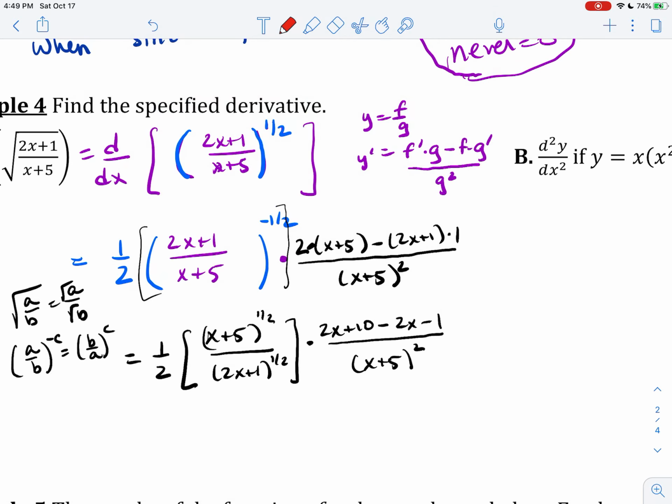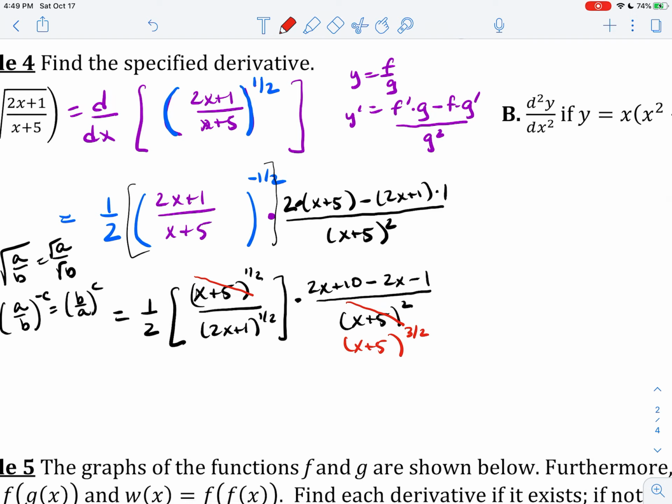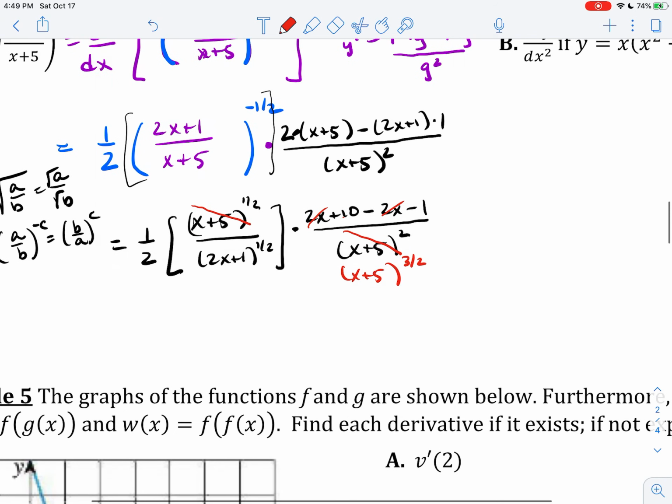I now can do some canceling. I know that half of an x plus 5 cancels with x plus 2 x plus 5s to leave x plus 5 to the 1/2 or 3/2. And then finally, the 2x and the minus 2x go away, and I end up with 10 minus 1, which is 9.